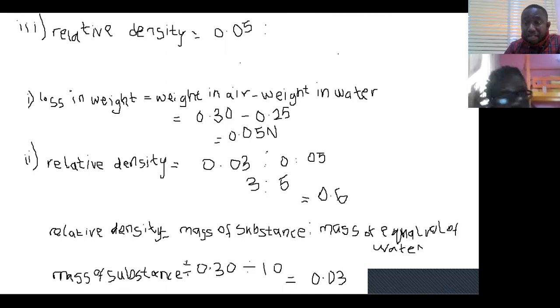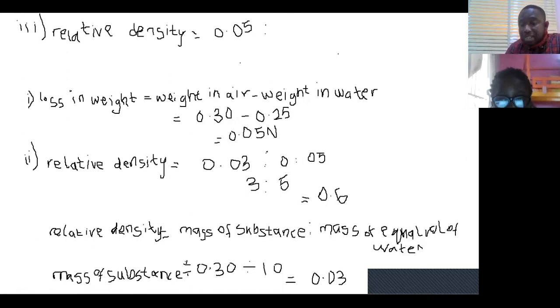Now, what you're expected to do is this. If the formula is upthrust in liquid, what we are meant to do is find the upthrust of this body in the liquid.